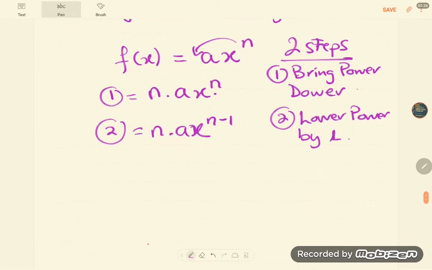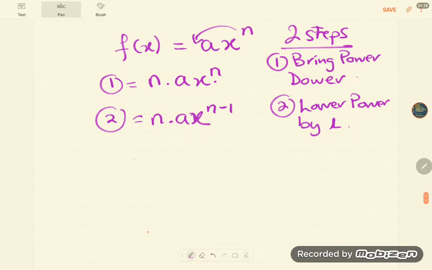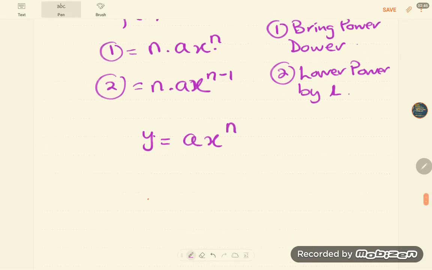So in essence, when we talk about our y being equal to a x to the power n, the gradient function, instead of using change in y over change in x, changes to dy over dx because of the approximation that we made last time when we said let this approach 0, remember? You are going to be talking a lot about dy over dx.